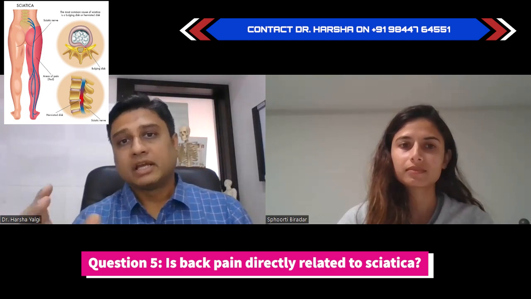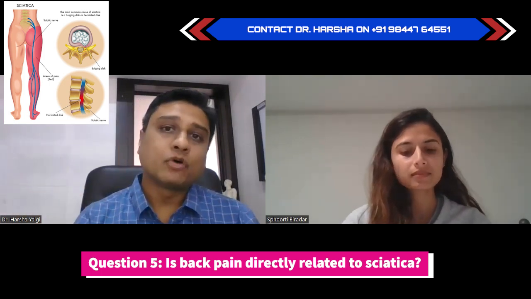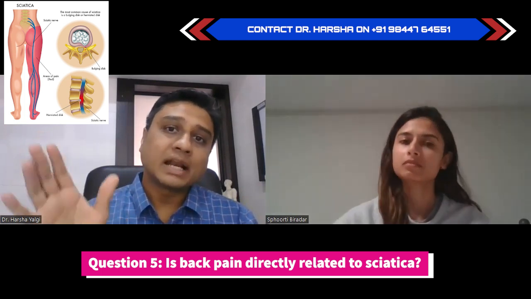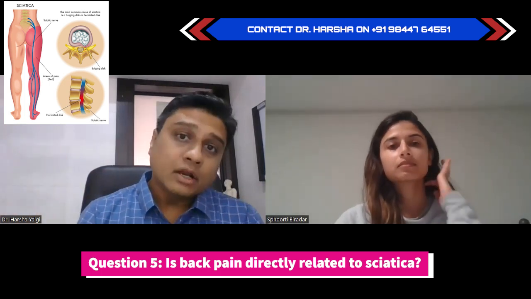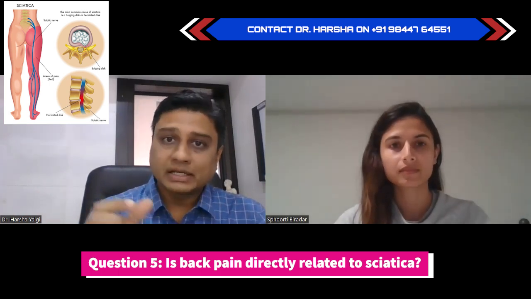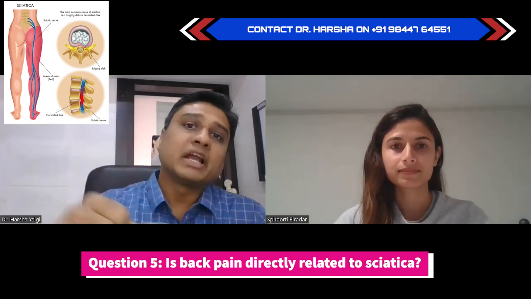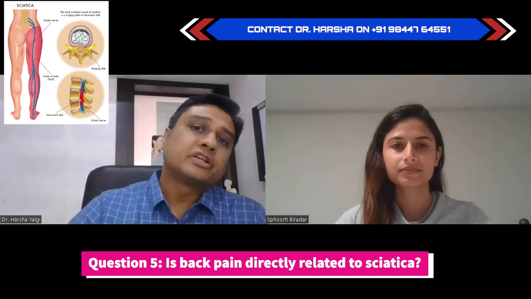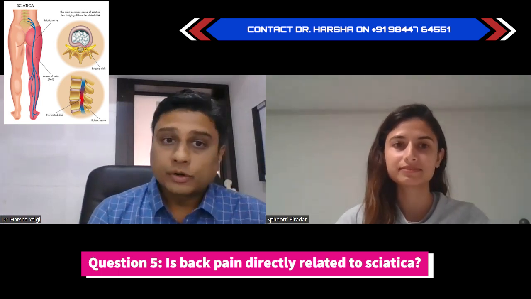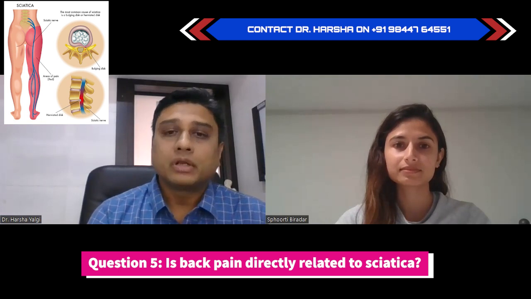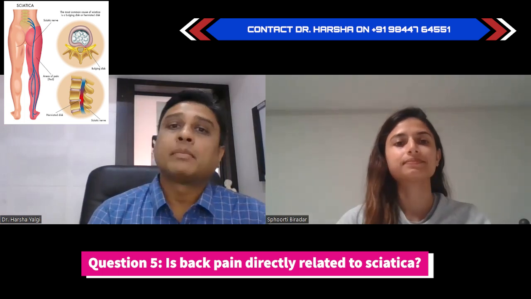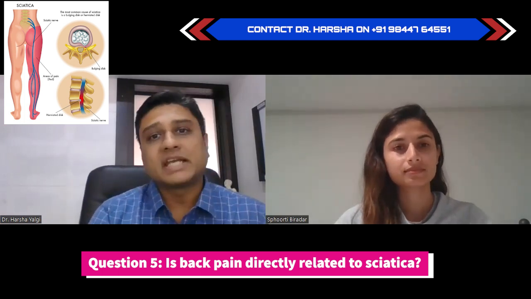For example, there is a muscle called piriformis in the hip. If there is piriformis muscle shortening and compression, then also there is impingement of the sciatic nerve. That is, the sciatic nerve will get compressed by the piriformis muscle, and then also a patient will start experiencing sciatic pain. So for thorough examination, a patient has to come to the clinic and get examined whether he has a disc bulge or only sciatica.